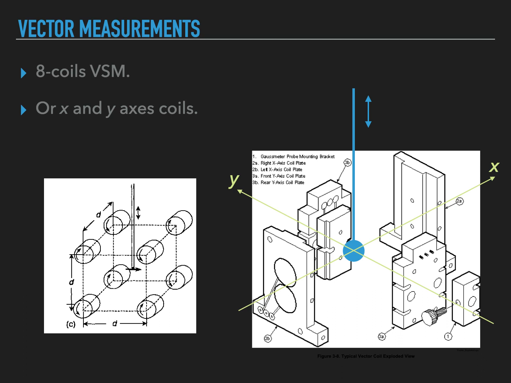While in principle nothing prevents you from using three sets of coils to measure the three components of the magnetic moment, the design would become really cumbersome. So normally VSMs use 8 coil setups with 4 coils measuring the magnetization along the x direction and 4 coils measuring the magnetic moment along the y direction, whereas the z direction is left free for the sample vibration.